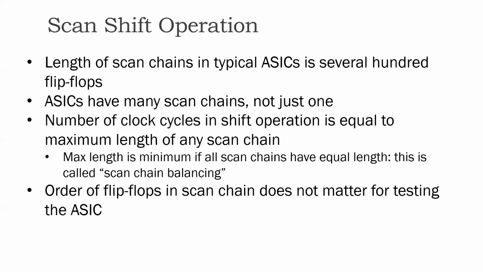And then while the other scan chains are being populated for 900 clock cycles, that short scan chain will just remain idle, okay? Which is fine, no problem, except that it's a bit of a waste in terms of resources. It would have been better to reduce the total scan chain length and make every scan chain equally long. So that is called scan chain balancing.